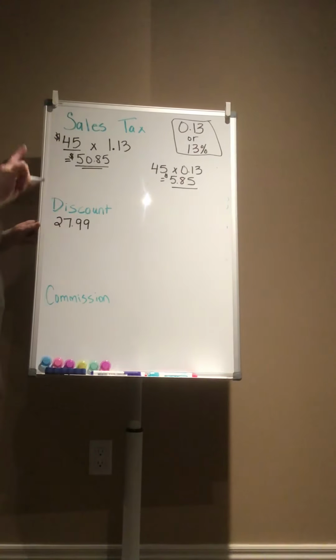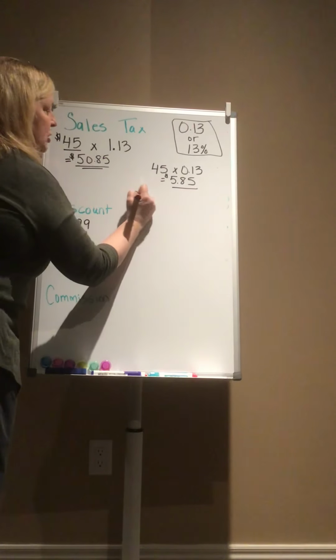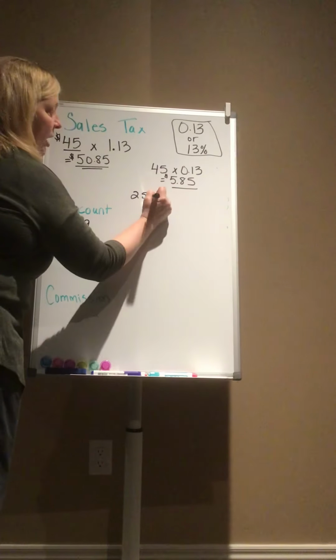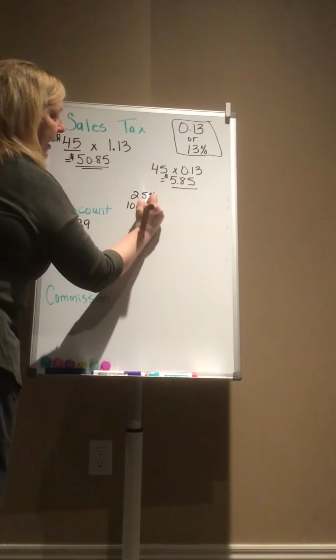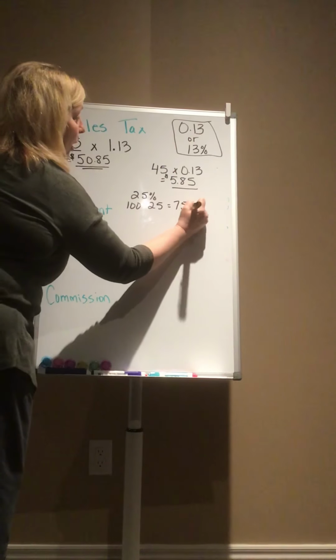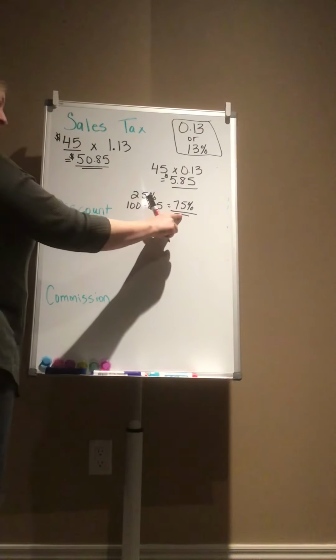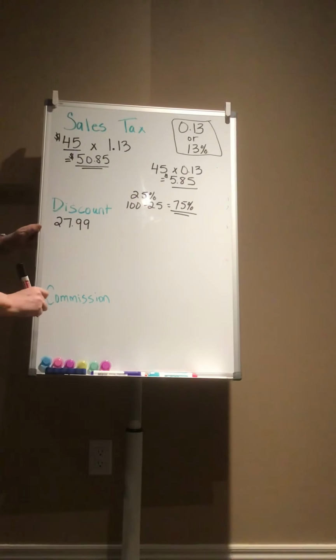This goes back to what we did with that 75% before. If something is 25% off, 100 minus 25 means 75. We're paying 75% of the original cost, and that's the number we want to deal with.